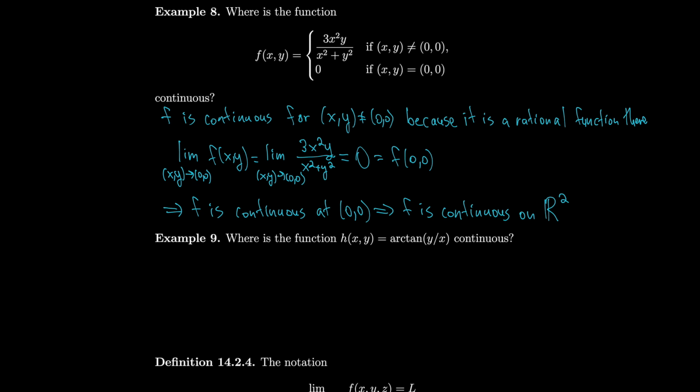Where is the function arctangent of y over x continuous? So we'll use h of x,y to be that, and we'll rely on the remark we just mentioned about composite functions being continuous. How about we find a way to compose these? Let's set f of x,y equal to our inner function, y over x.